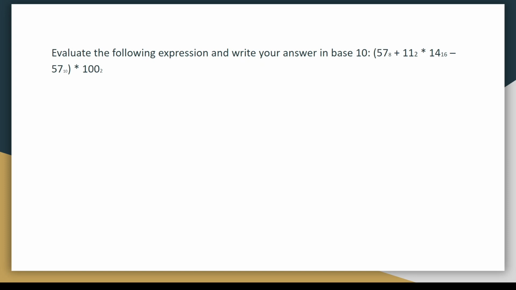So 1, 1 binary is equal to 3 in decimal, if you remember. So it's 3 times, we have to convert 1, 4. So 1, 4, 4 times 16, but its power is 0, so we can just write that as 4, because anything to the power 0 is 1, so it'll just be the number itself.